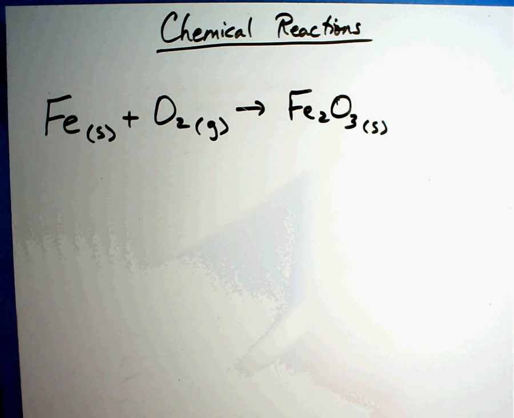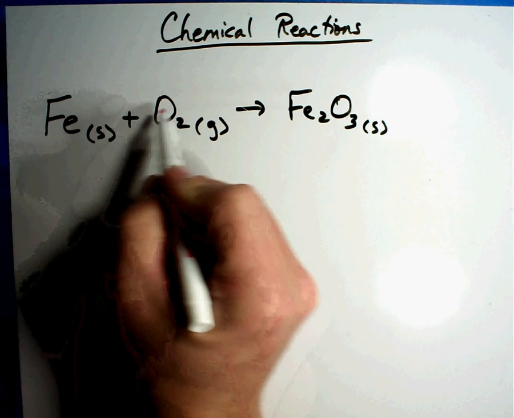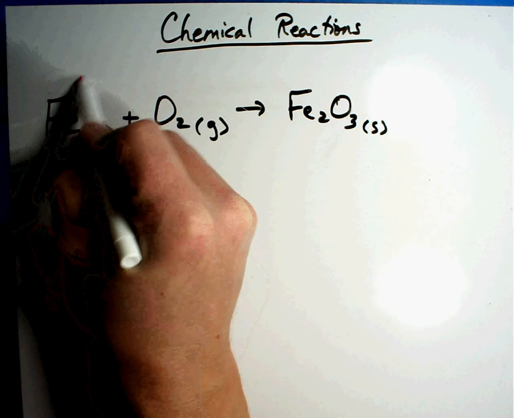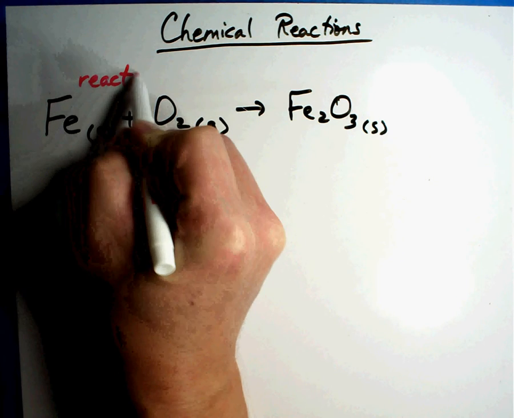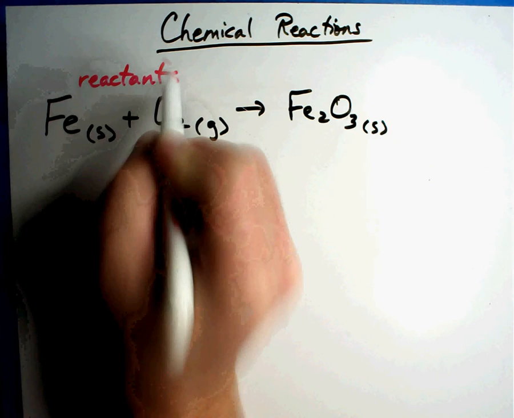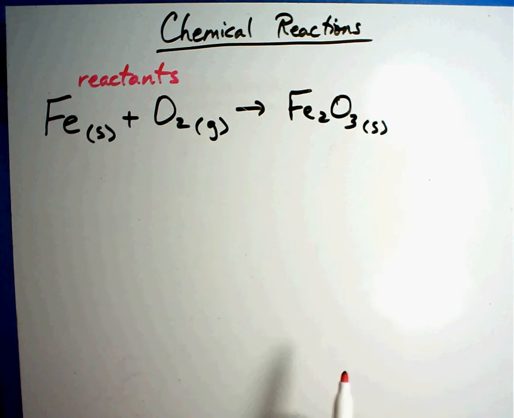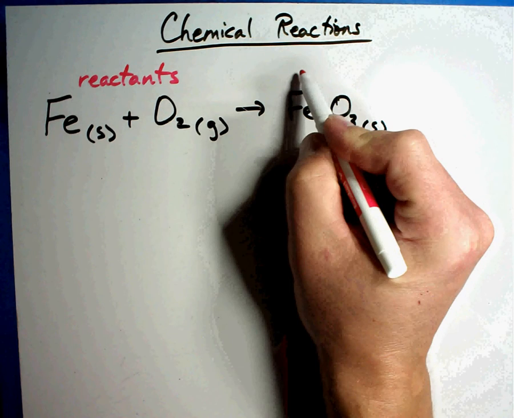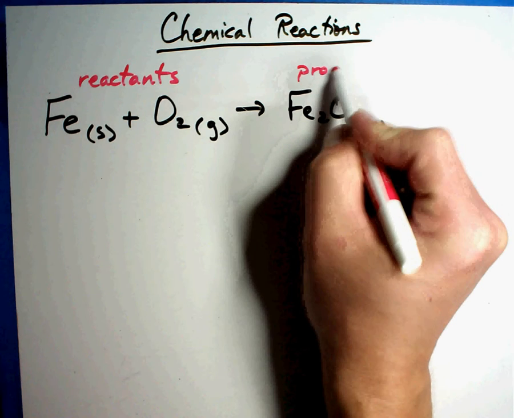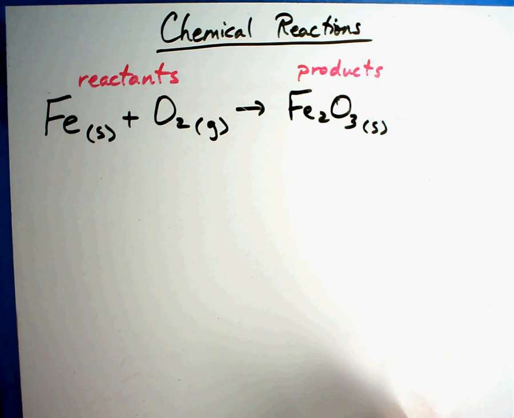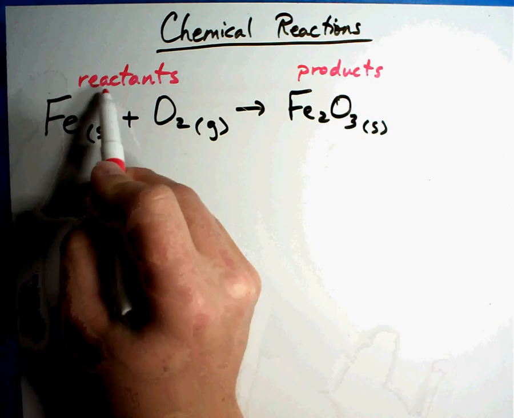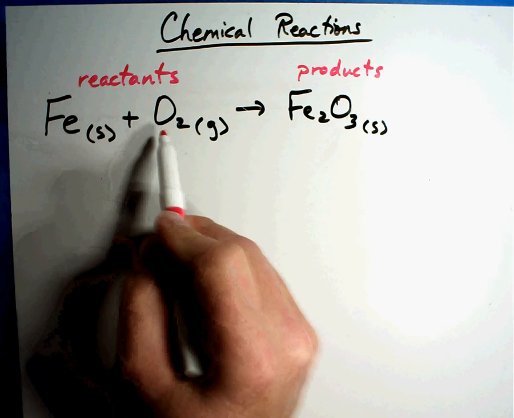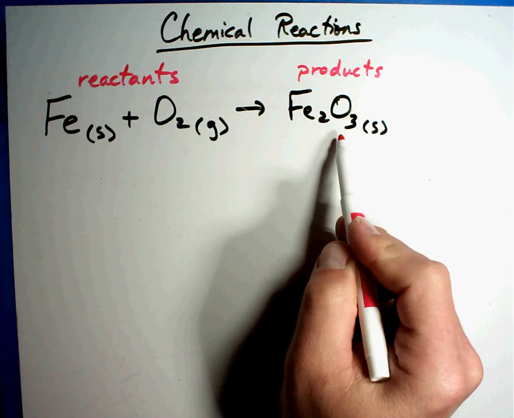And we're going to talk for a minute about what the parts of a reaction are, and then we're going to talk about how the reactions actually take place. Well, first, let's do this. The left-hand side of a reaction are called the reactants. The right side of the chemical reaction are called the products. And here's how it works. The reactants are what are reacting. The products are what are produced.